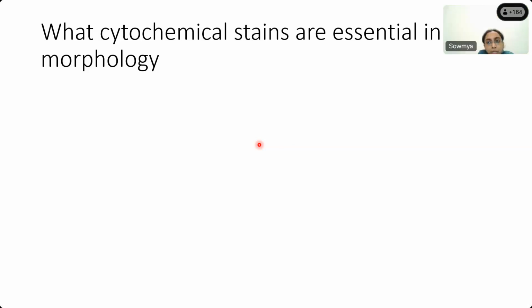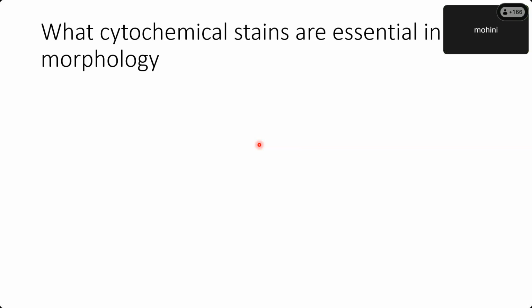Given a choice, imagine that you are in a lab where whatever you ask gets done. Is PAS your first cytochemical stain in this case? There are multiple cytochemical stains.